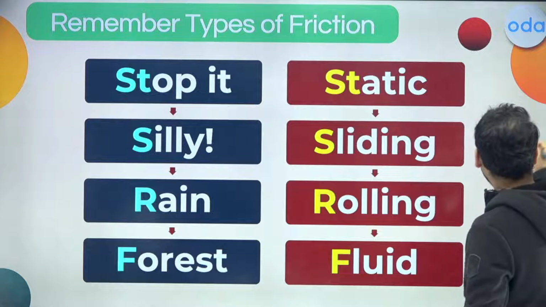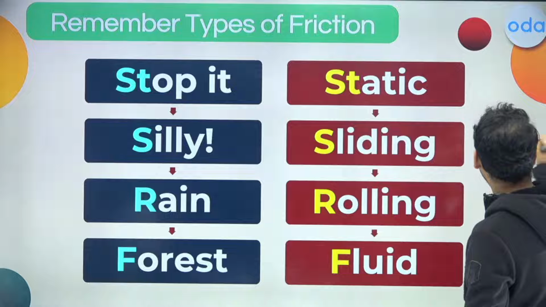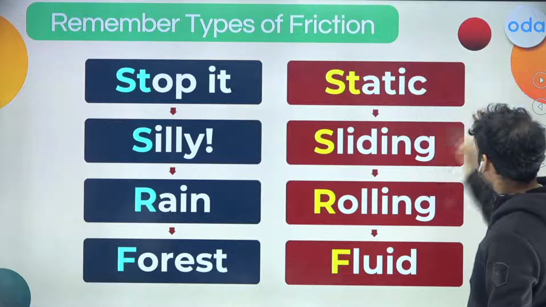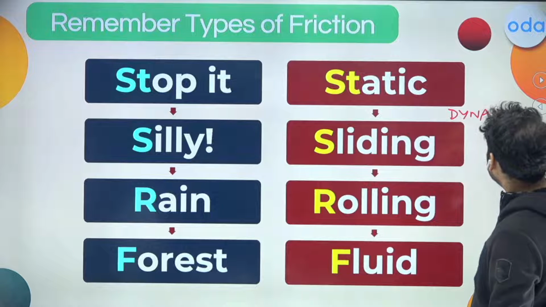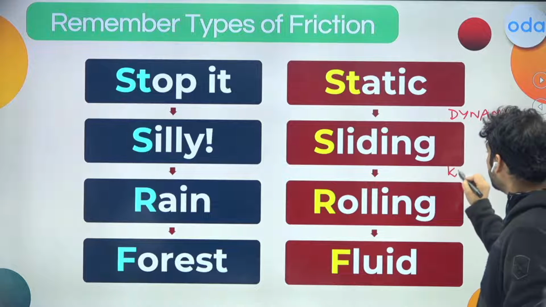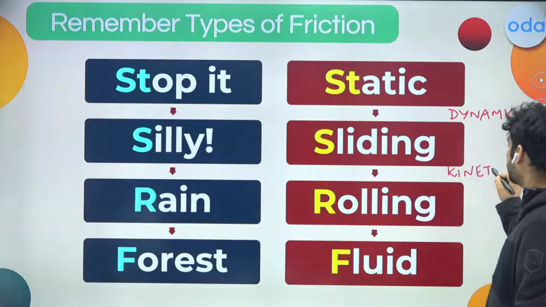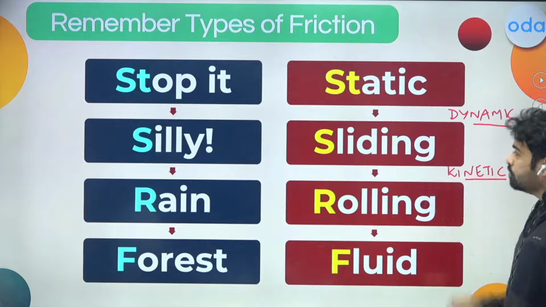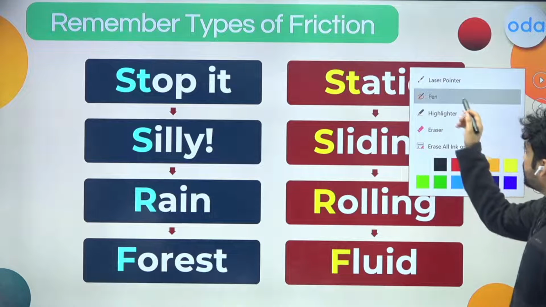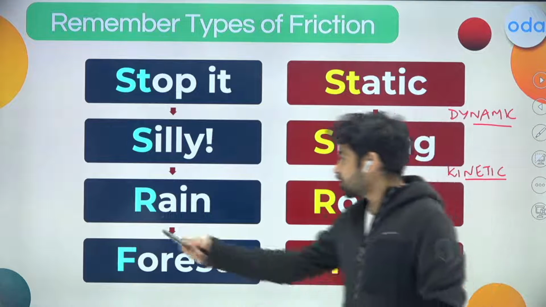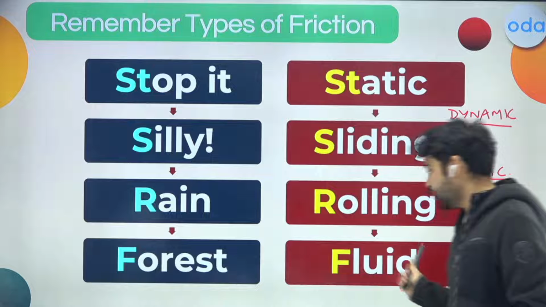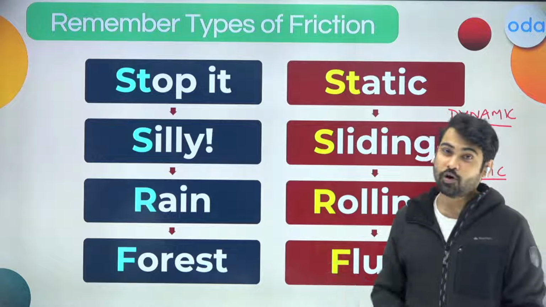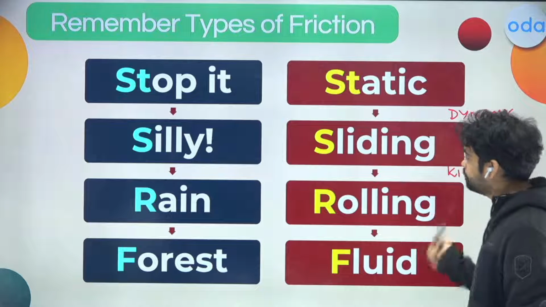This sliding friction can also be called dynamic friction or kinetic friction, so you must remember these two names as well. Rain, R, is for rolling, and similarly forest, F, is for fluid. This way you can remember all four names quite easily.